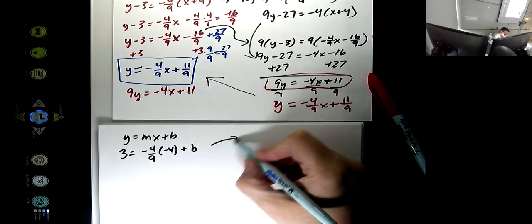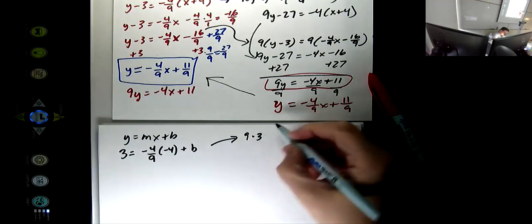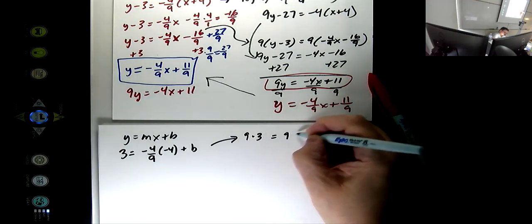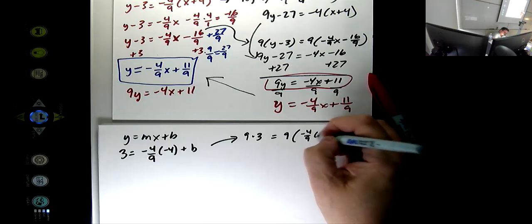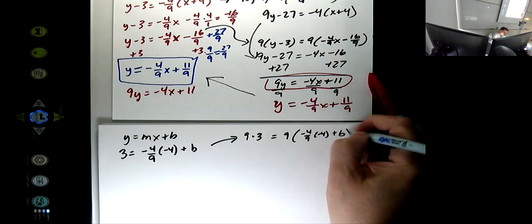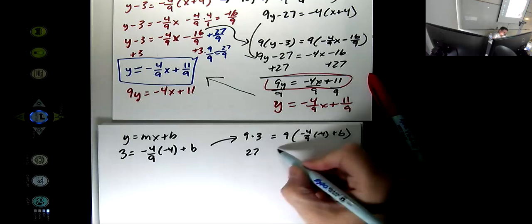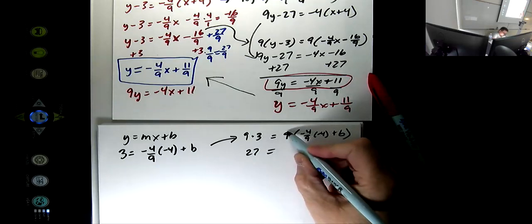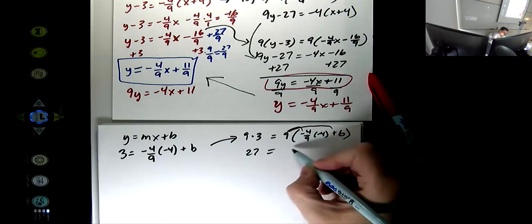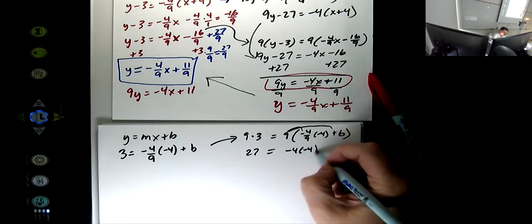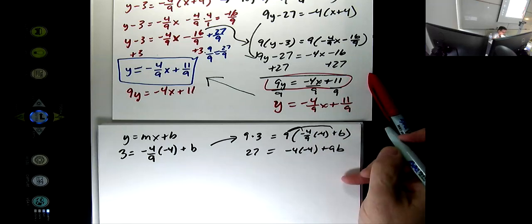If you multiply by 9, you get 27 equals -4 times -4 plus 9b.